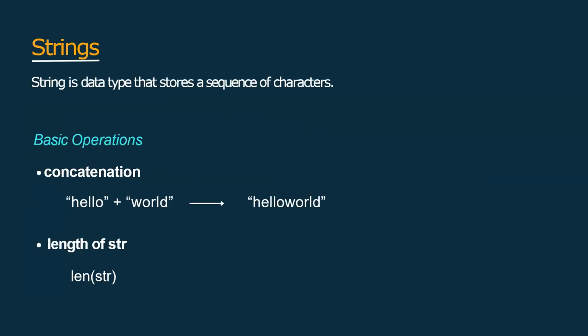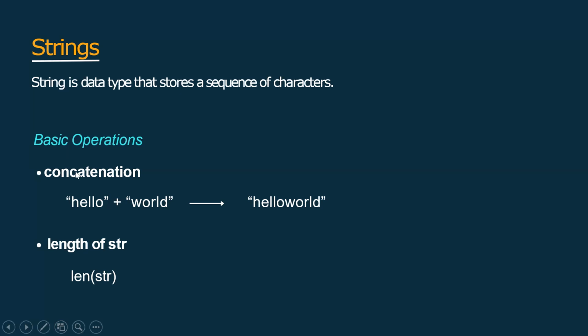So what kind of functionality does a string have? A string is a data type that stores a sequence of characters. That means a string stores characters in a sequence, and if you want to access any of the characters, you can just use the index of that string and you will be able to find that character. Now we are going to discuss some basic operations.